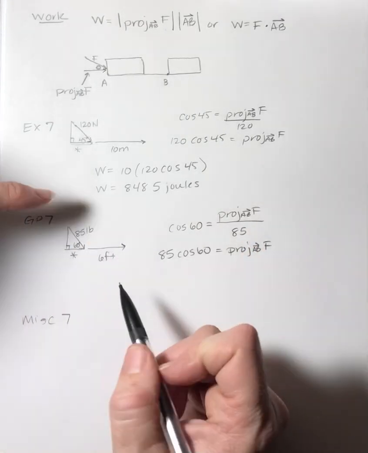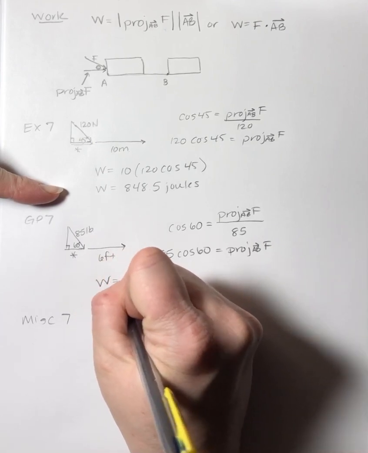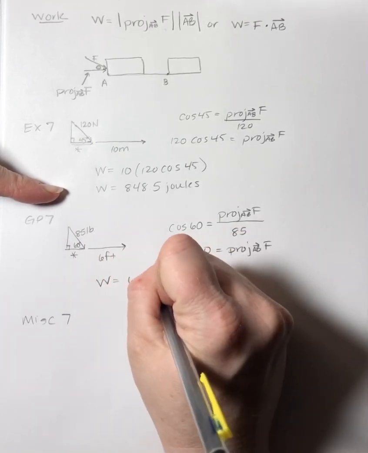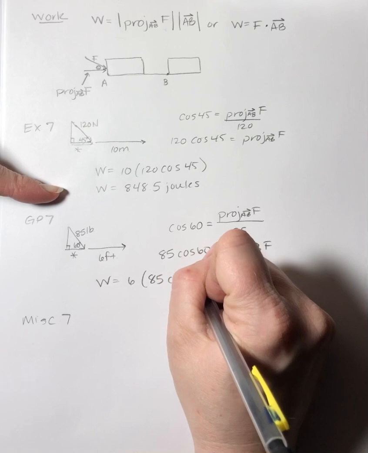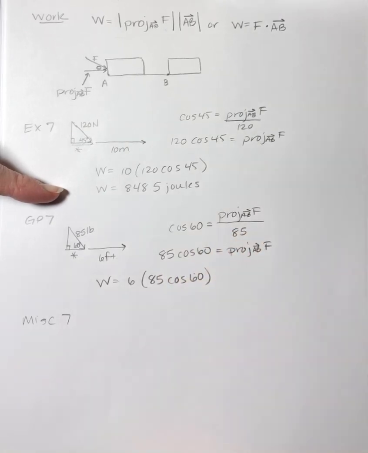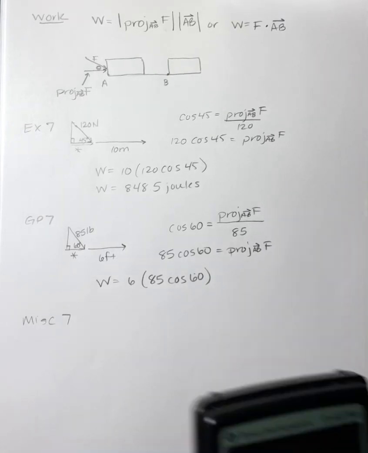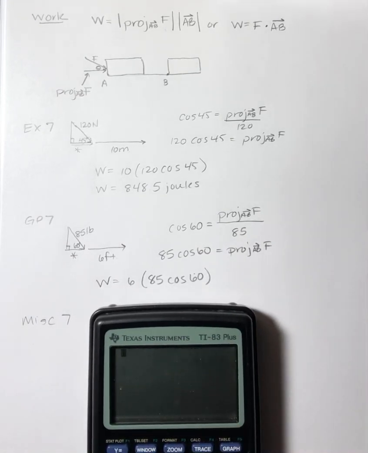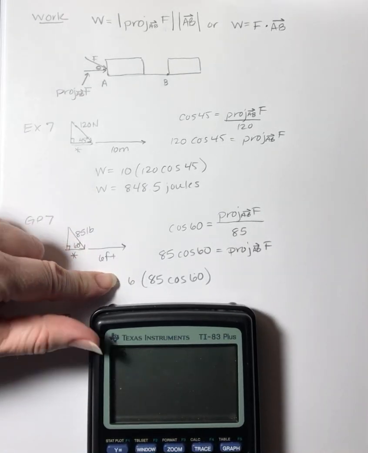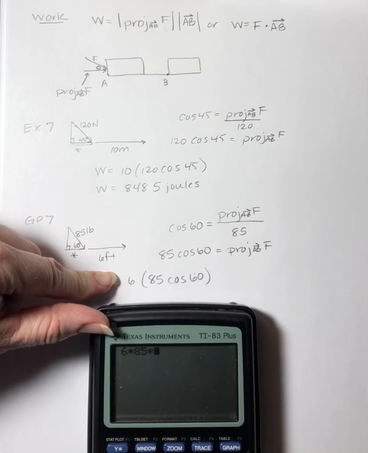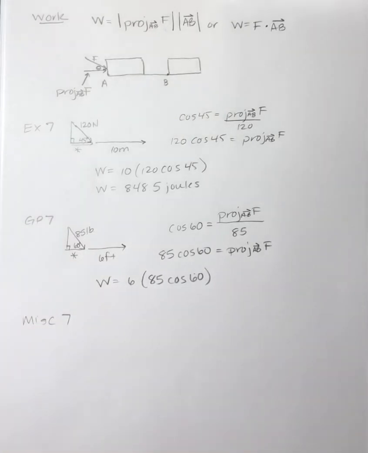So then to find my work, I take 6 times this. Now, cosine of 60 is 1/2. So I'm actually going to get a nice answer. 6 times 85 times the cosine of 60, 255 foot-pounds.